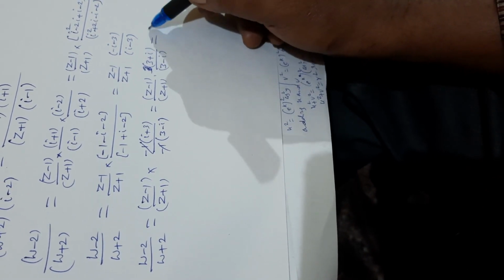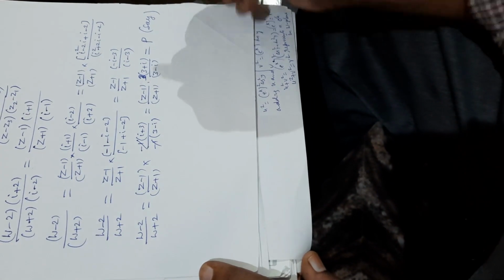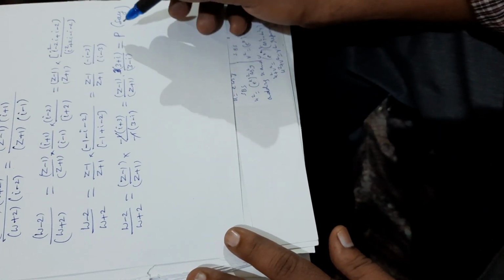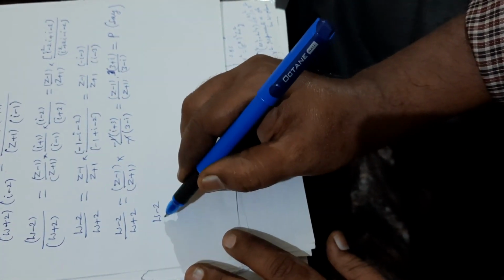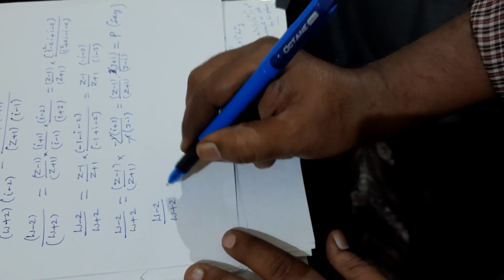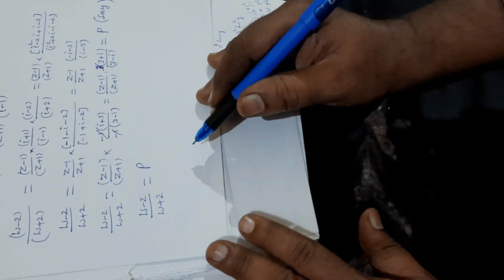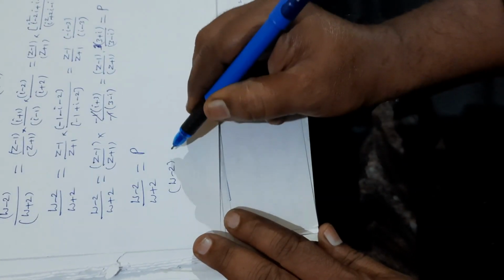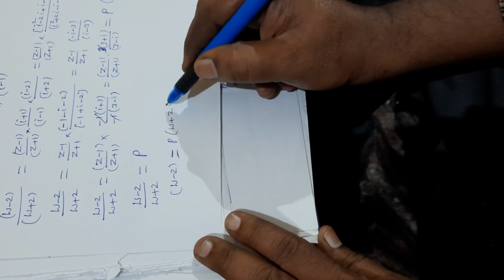This whole concept we denote as P, for time being. Therefore (w minus 2)/(w plus 2) is equal to this P. Next, cross multiplication: w minus 2 is equal to P into (w plus 2).